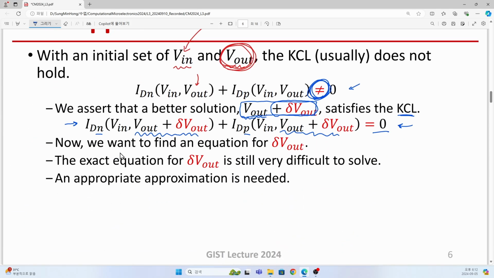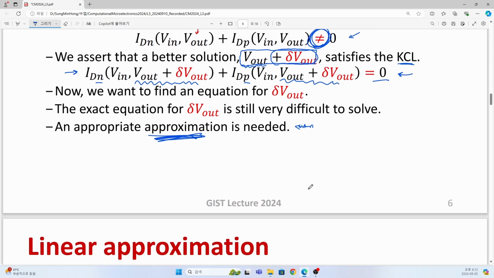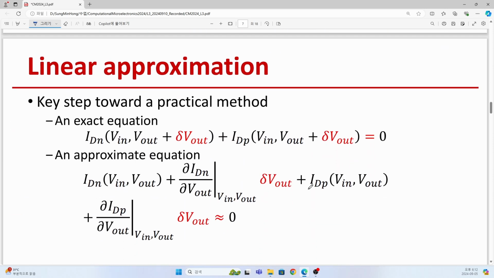So therefore, unfortunately, we must introduce a certain approximation. Up to now, there was no approximation, but we need a good enough reasonable approximation. So that will be the key step. Linear approximation is the one we have to employ in this case.